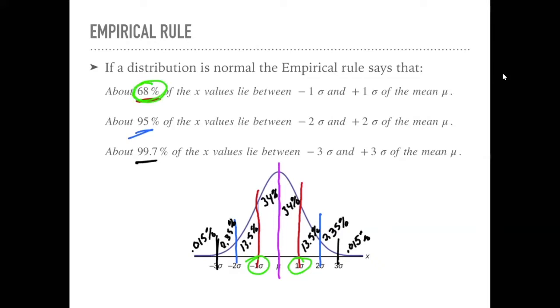So we're going to use this a little bit to help get our feet wet with the normal distribution. And then we'll move on to learning a little bit more about the normal distribution. So empirical rule. Let's use it.